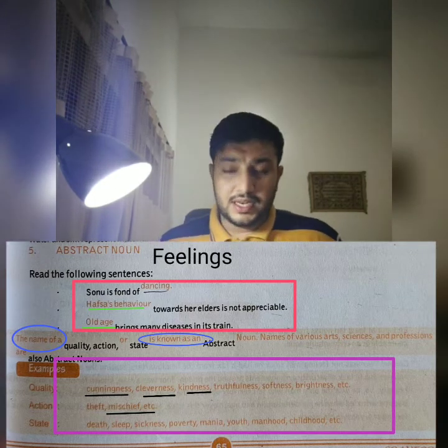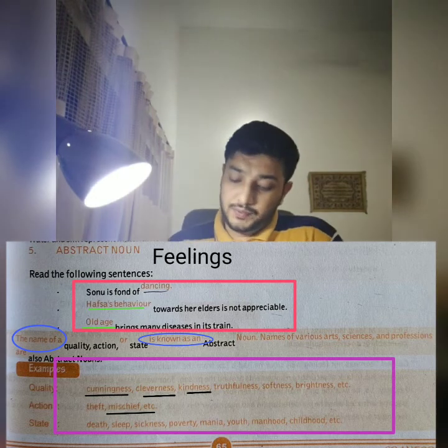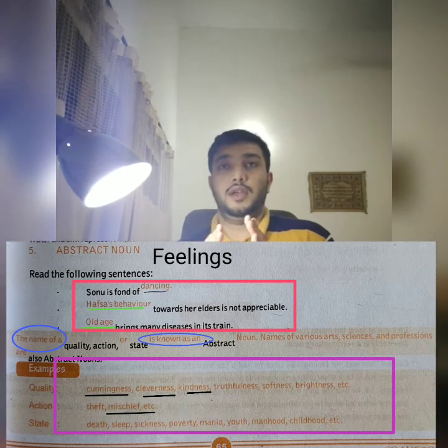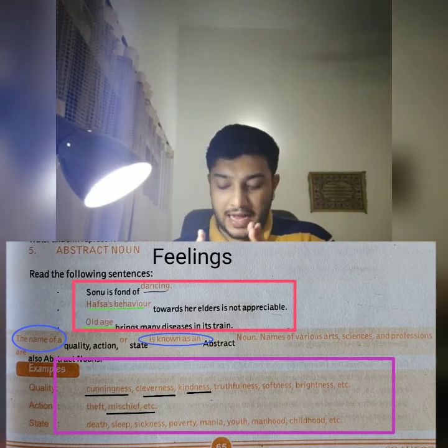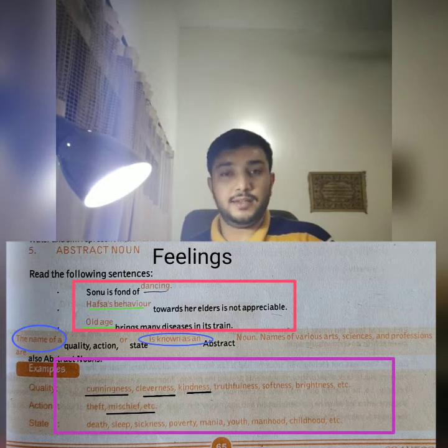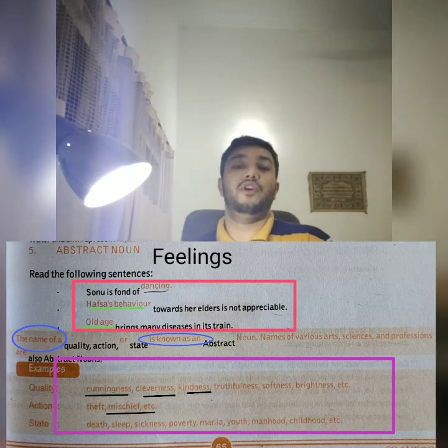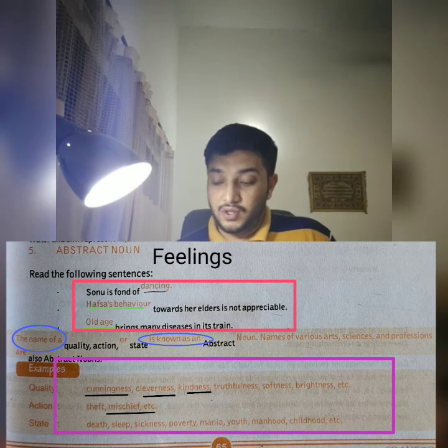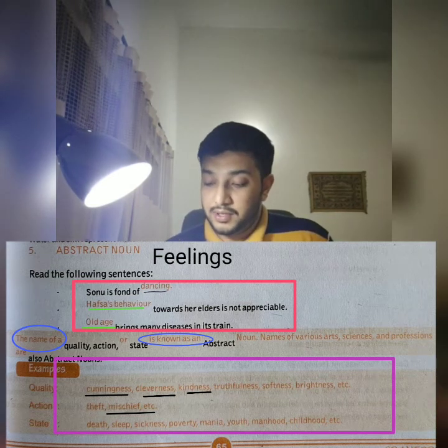Let's read the definition. The name of a quality, action or state. The name for a state, name for an action, or name for a quality is known as an abstract noun.